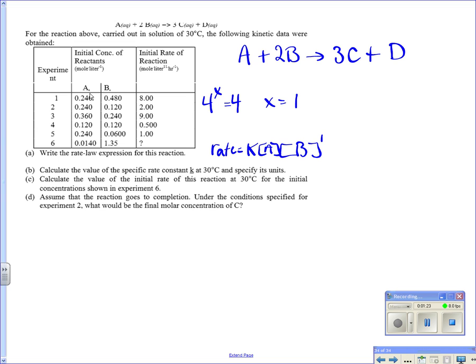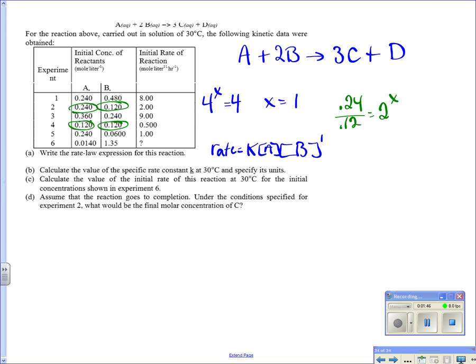So that does happen, which is so nice. In just trials 2 and 3, that's where B stays constant, so all the effect on rate is due to A. So I'm going to divide the 0.24 by the 0.12, so that equals 2.